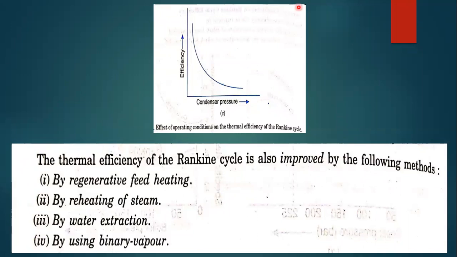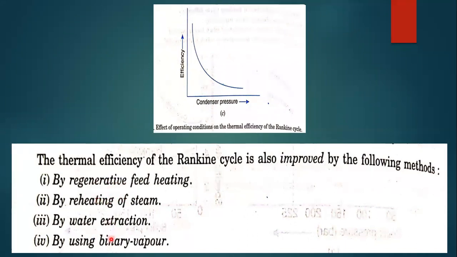Next, there are these very important methods, which are the regenerative method and the reheating method. These are also methods to improve the Rankine cycle, and we are going to discuss these two processes in detail.